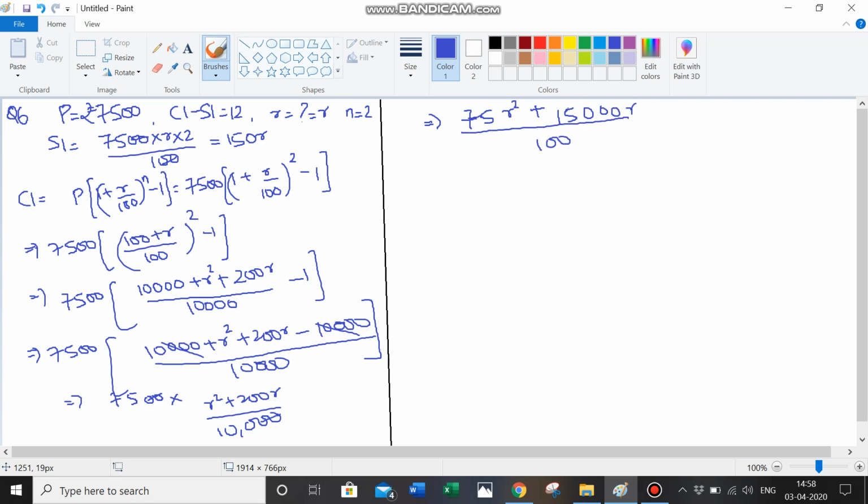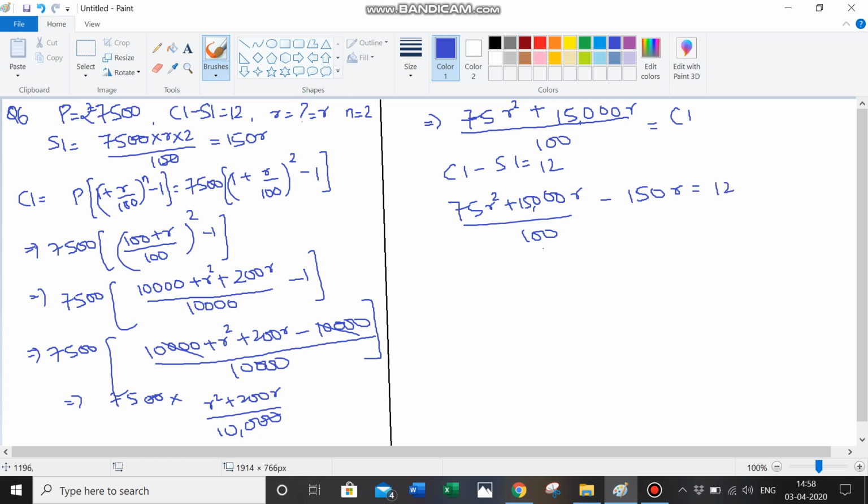That is my CI. Let's put what is given: CI minus SI is equal to 12. So this is CI, 75 R square plus 15,000 R upon 100, minus simple interest. Simple interest is 150 R, which is equal to 12.